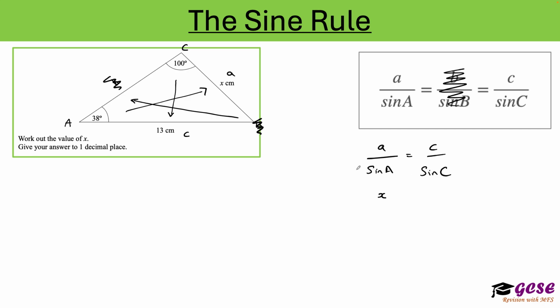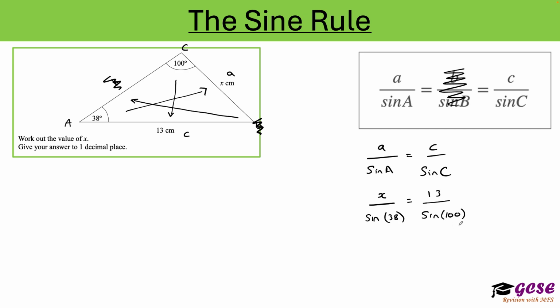Sine capital A is 38 degrees, so it's going to be over sine 38, and that's equal to c. c is 13 centimeters, and that's divided by sine capital C, which is 100. Just bear in mind that your angles should always be marked with a capital letter. So it's going to be sine 100.